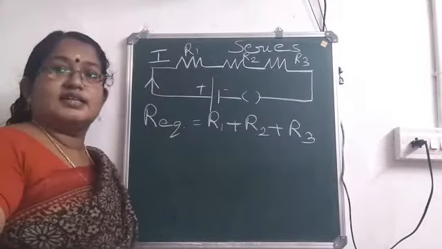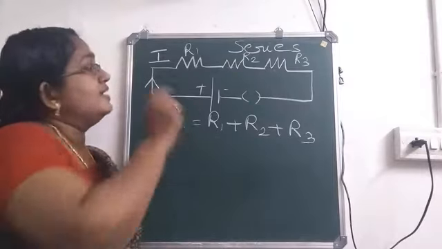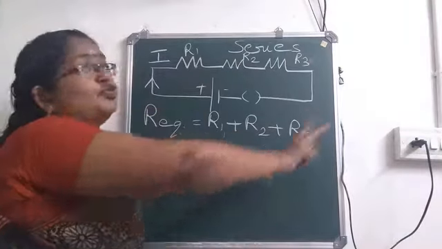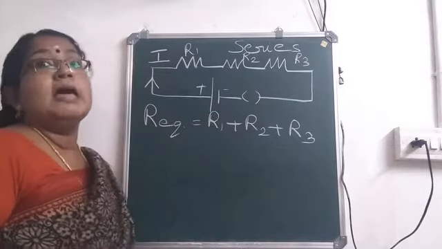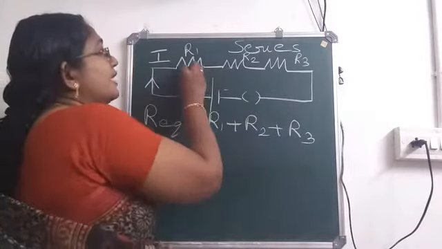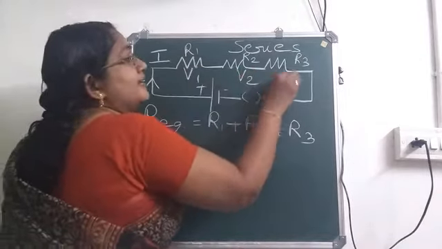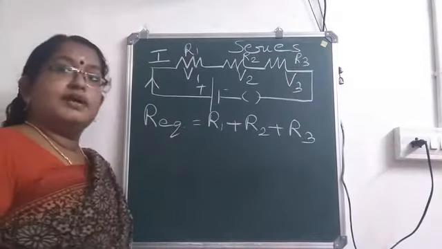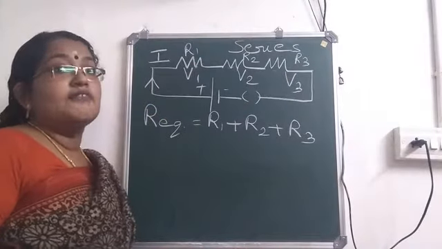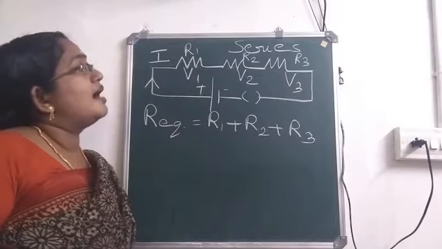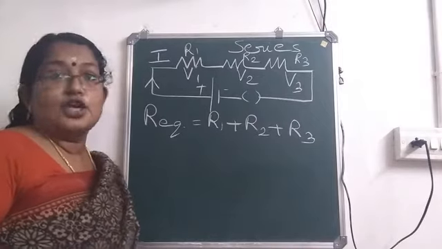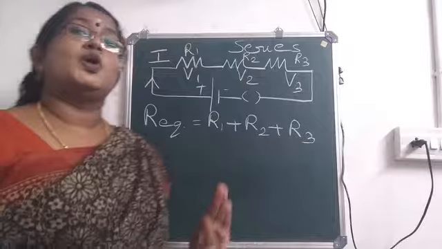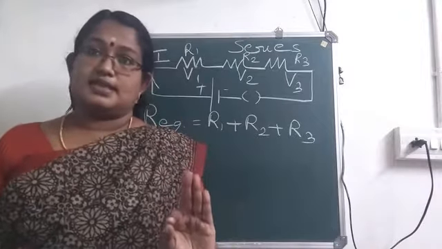However many resistors you connect in series, the same current will be flowing through all the resistors. But here the potential across each will be different. V1, V2 and V3 will be the potential across R1, R2 and R3. So these are the three things you have to remember about series connection.